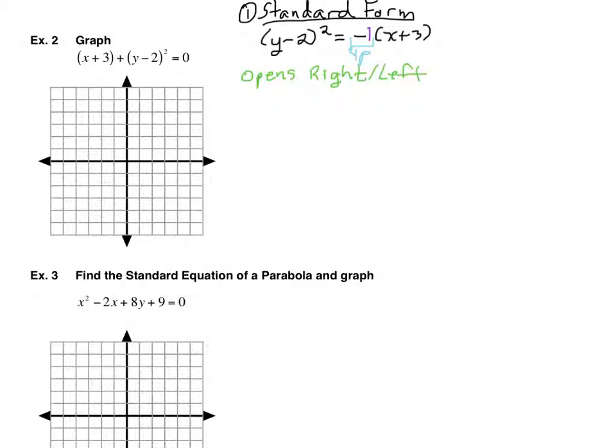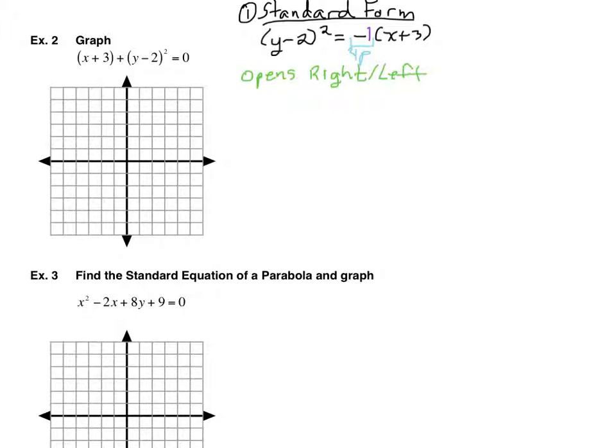So our 4p is going to be a -1. Then this is our h. Where is our h? The -2 or the +3? Where do I put the h? Is the h with the x or the y?